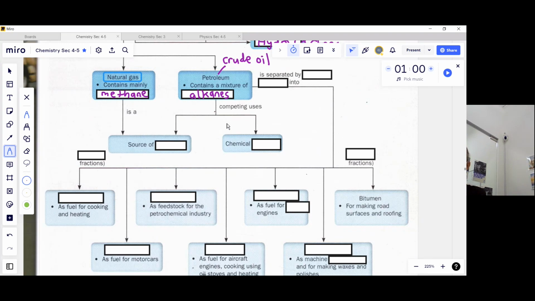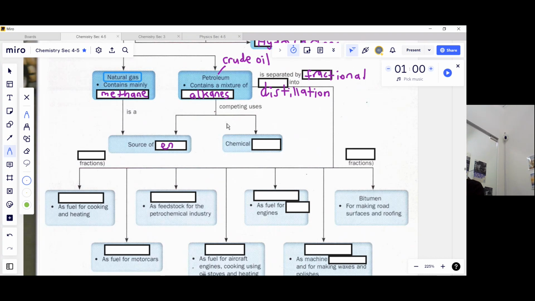Now, crude oil can be separated by what? Fractionating column. Fractionating column is that machine, but the process is called fractional distillation. This would be more appropriate. Fractionating column is only one piece of equipment within fractional distillation. Now, next one. Source of what? Energy.